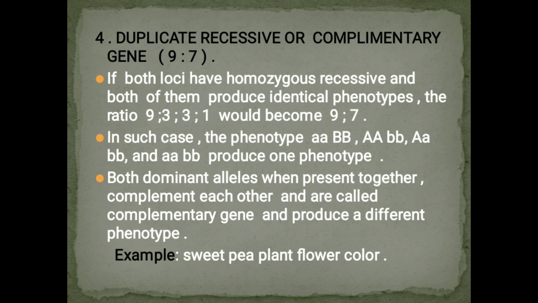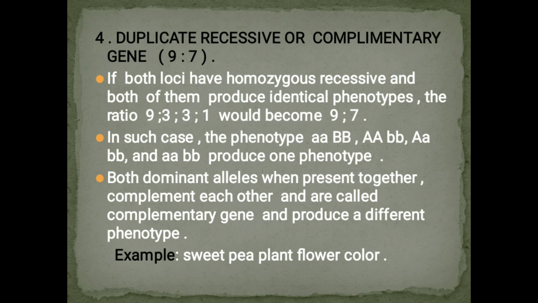In such a case, the genotypes small aa capital BB, capital AA small bb, capital A small bb and capital BB small aa produce one phenotype. Both dominant alleles, when present together, complement each other, are called complementary genes, and produce a different phenotype.